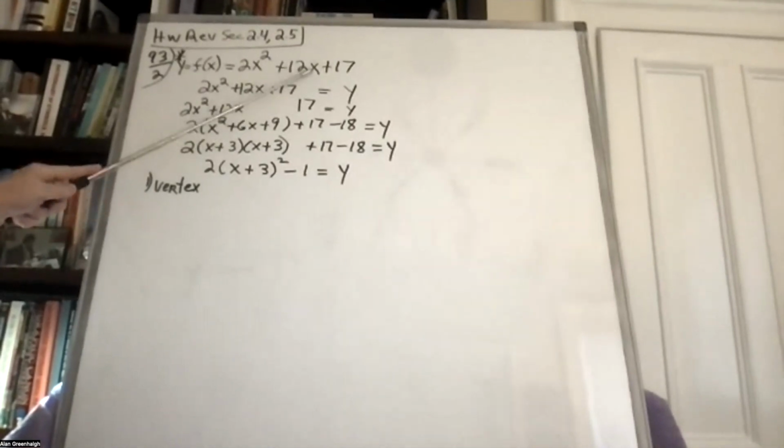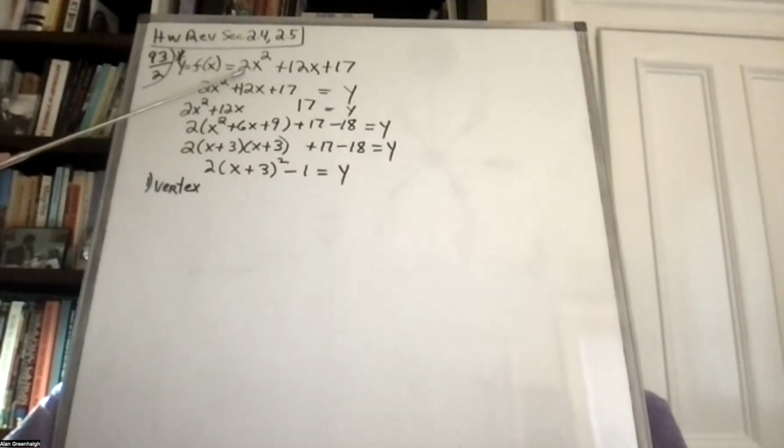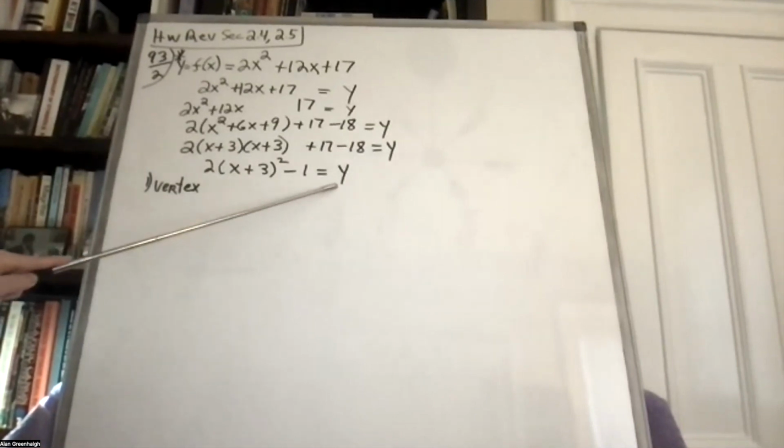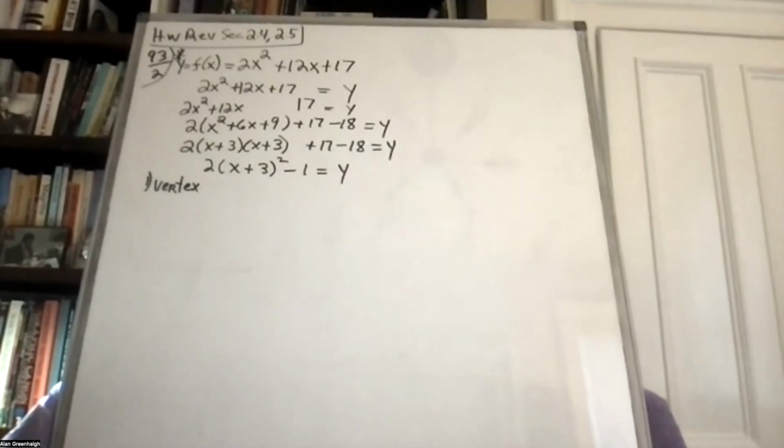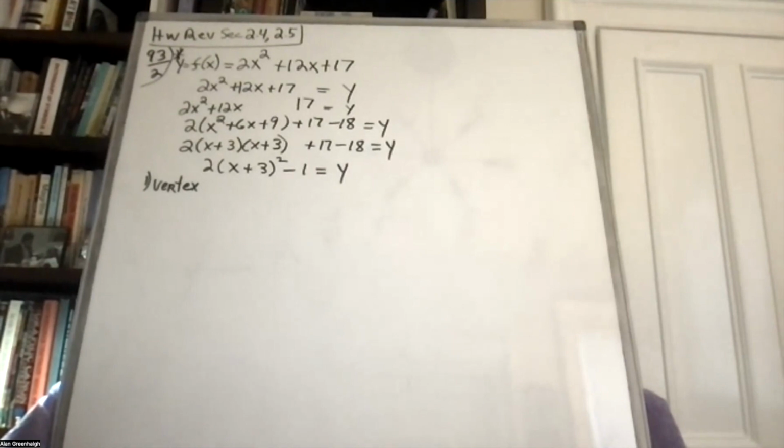We are going to go from this form of the quadratic equation to this form by using the method that we learned on Monday, which was completing the square. Remember completing the square?